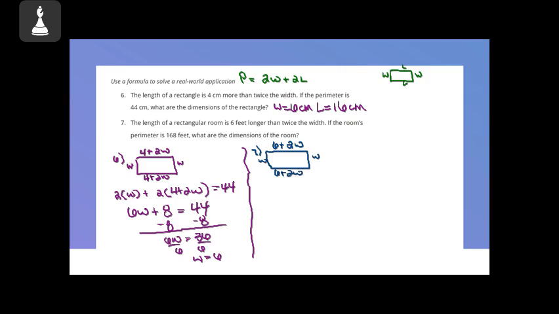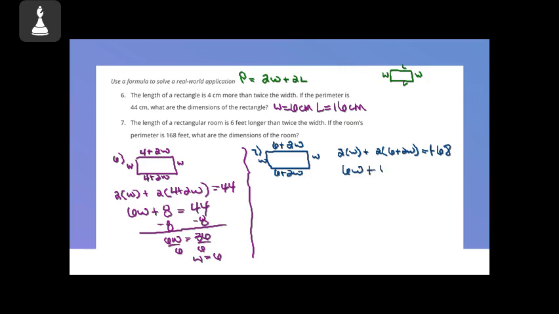So again, you have the option to do 2 times the width plus 2 times the length, 6 plus 2w, and that's going to equal 168. Or you can look here and say 1w plus 2w's, 3w, 4w, 5w, 6w, plus 6 plus 6 is 12, equals 168.